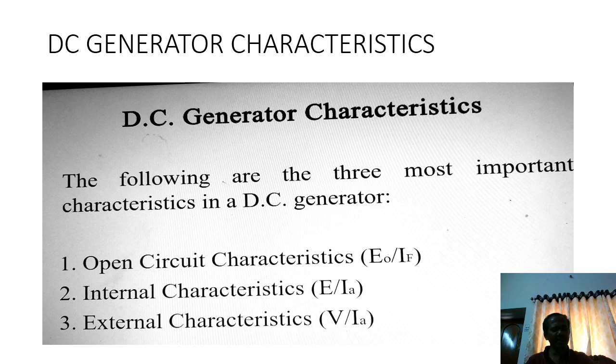And draw the characteristics EG versus Ia at constant speed; these are called internal characteristics. And draw the characteristics terminal voltage versus armature current at constant speed; these are called external characteristics.